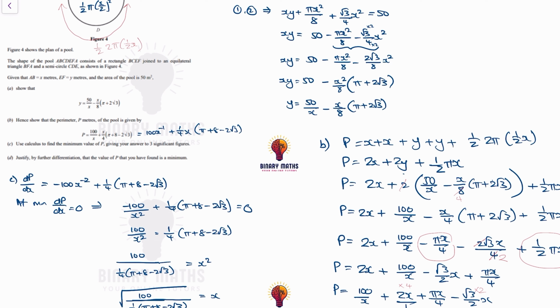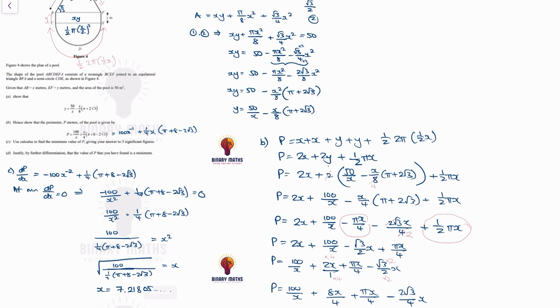Now we didn't want, actually, this is where most students make a mistake. We didn't want to find x, we're trying to find the minimum value of p. So what we do need to do is substitute back into p.